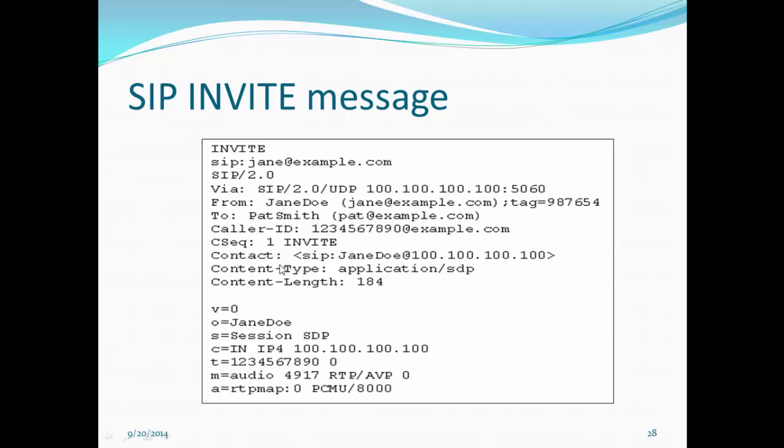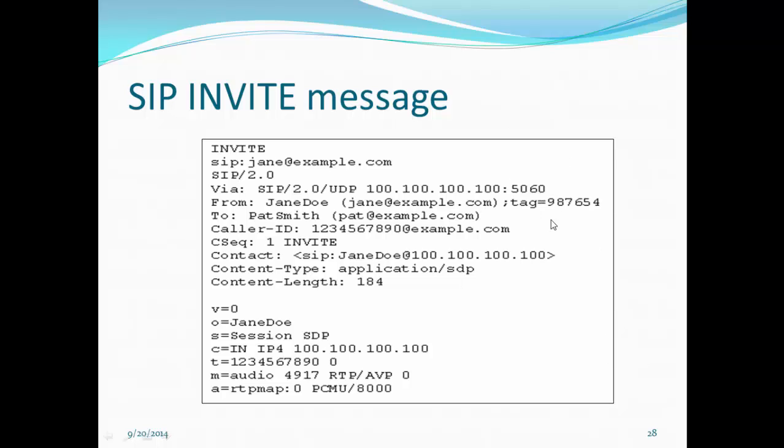Okay, SIP messages. As you can see in this PowerPoint, this is an invite method. The SIP request is from Jane at example.com. The SIP version is 2.0. As you can see here, the protocol is UDP. The IP address is 100.100.100.100, and 5060 is the port number of a SIP server.